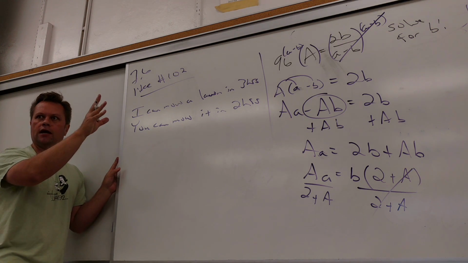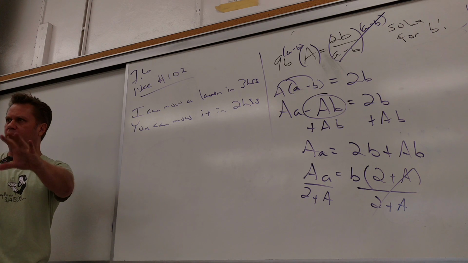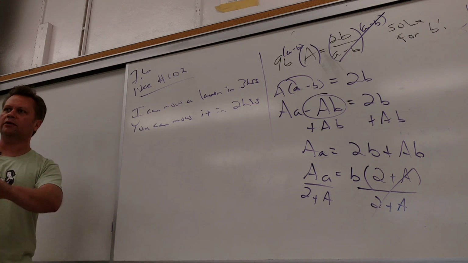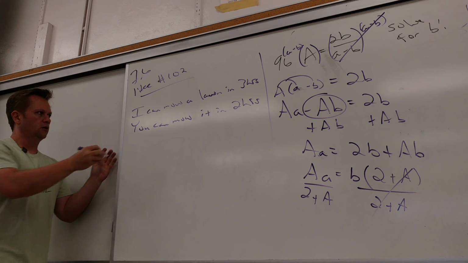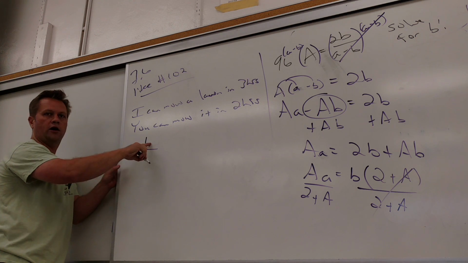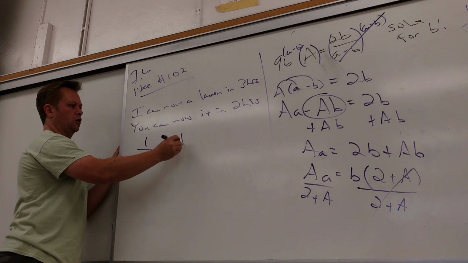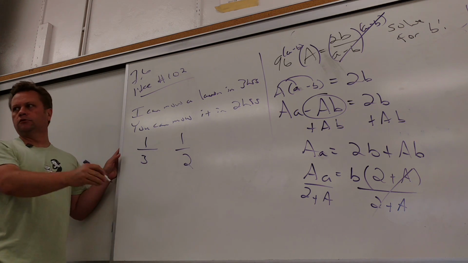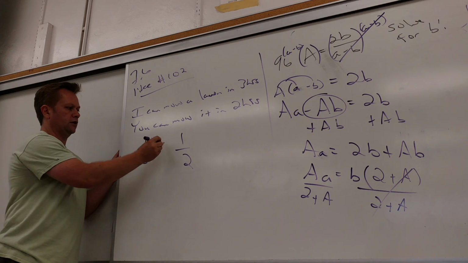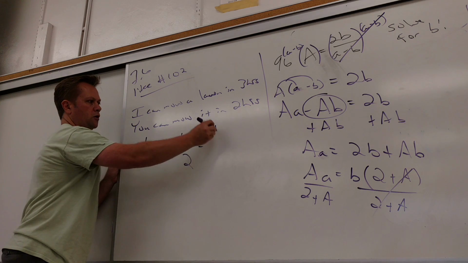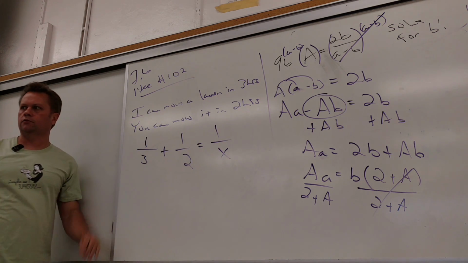So here's how it sets up. The book has a slightly different take on it, which I kind of like, but I like this way a little better. I can mow a lawn in 3 hours. You can mow 1 lawn in 2 hours. If we work together, we can mow 1 lawn in I don't know how many hours.